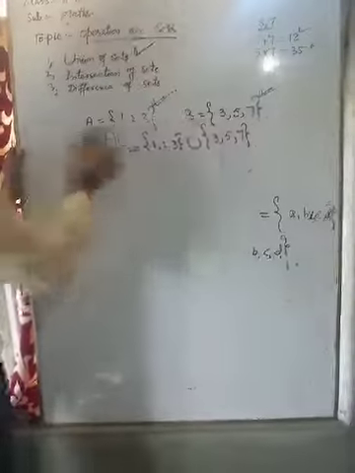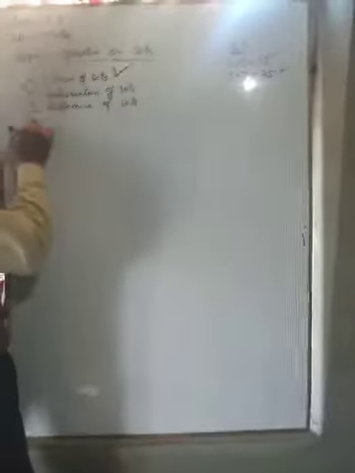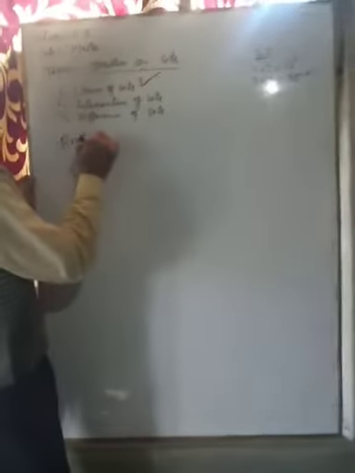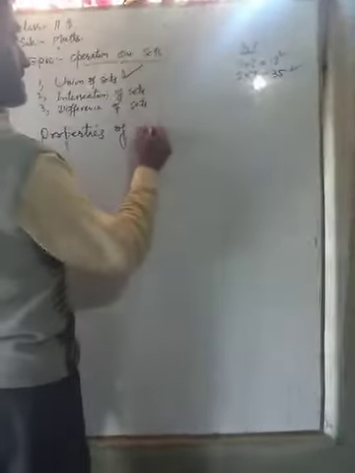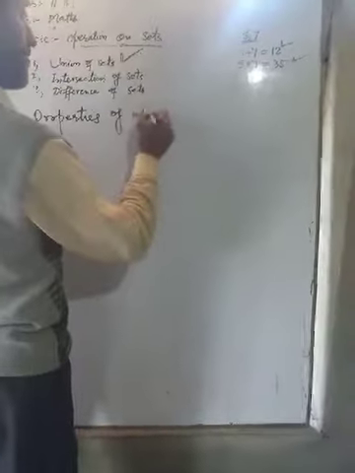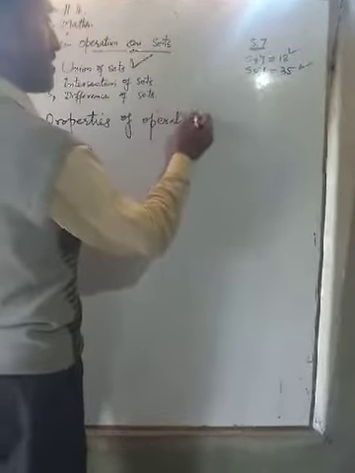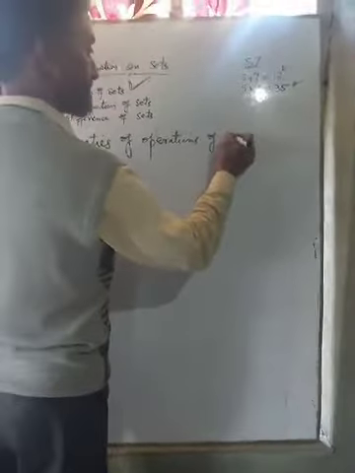So this is about the union of two sets. And we see here some properties of union of sets.